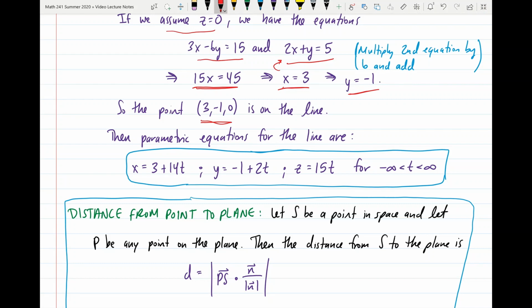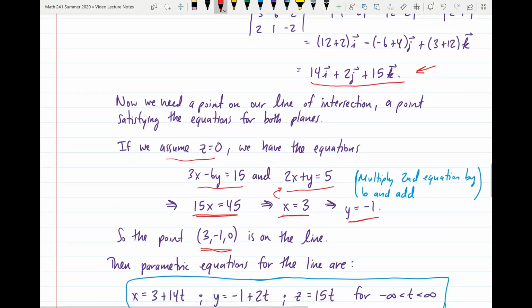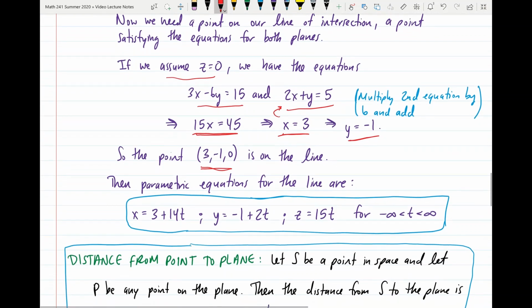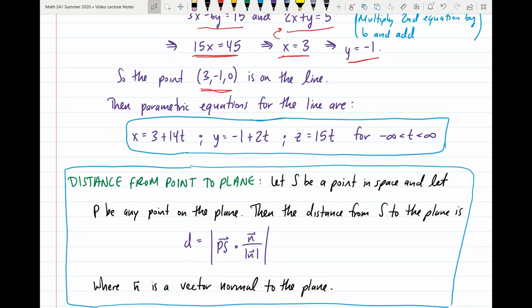Now we have both pieces of information we need to write down the parametric equations for the line of intersection. We have our vector parallel to the line, and we have our point that lies on the line. From here we can just write down the parametric equations.